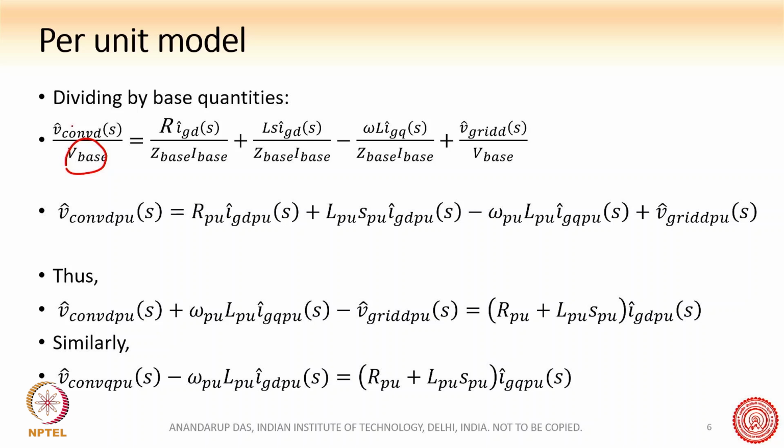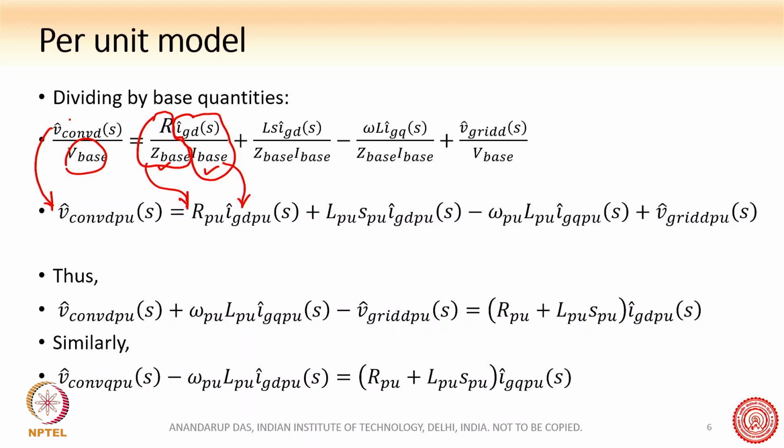For example, Vconv D is now divided by V base, and V base is nothing but Z base into I base, so I divide R by Z base and IGD by I base. If I do this, you can see Vconv D now becomes Vconv D per unit, R by Z base becomes R per unit, and this becomes IGD per unit.